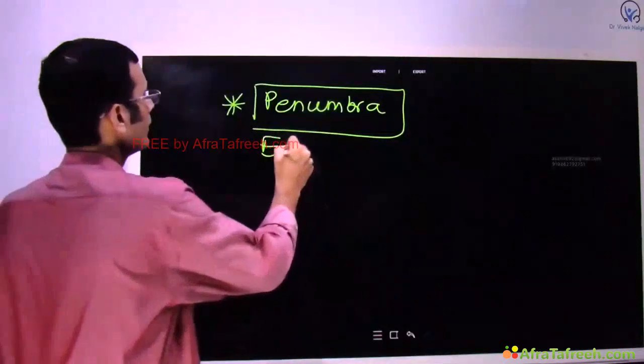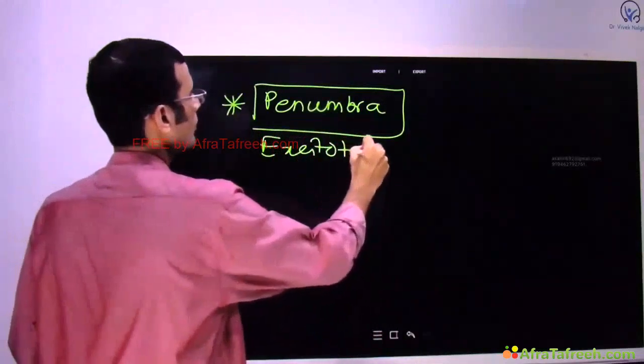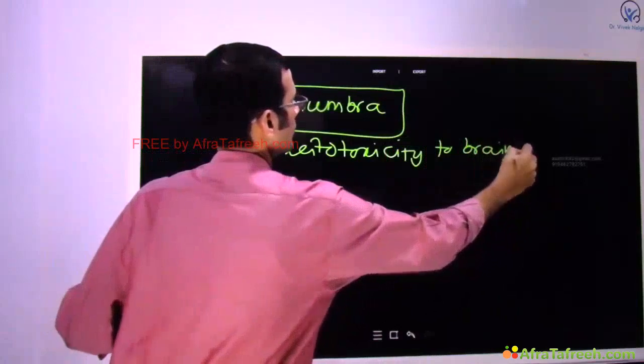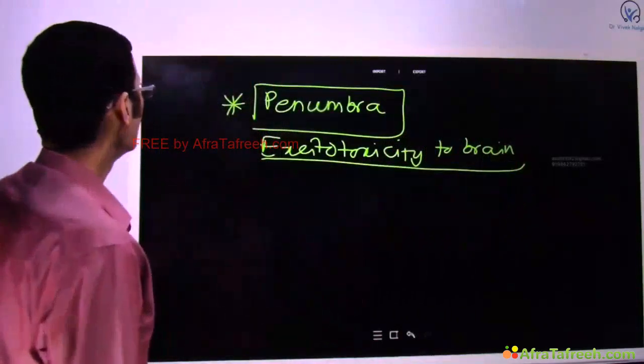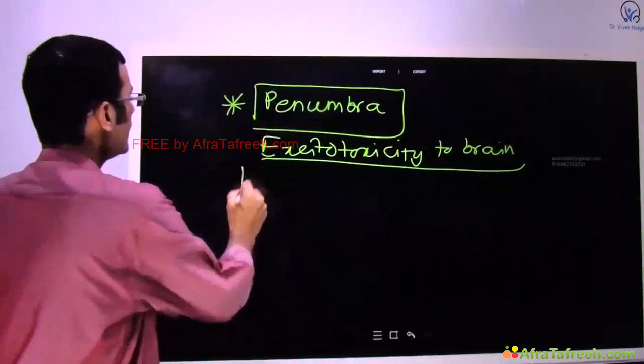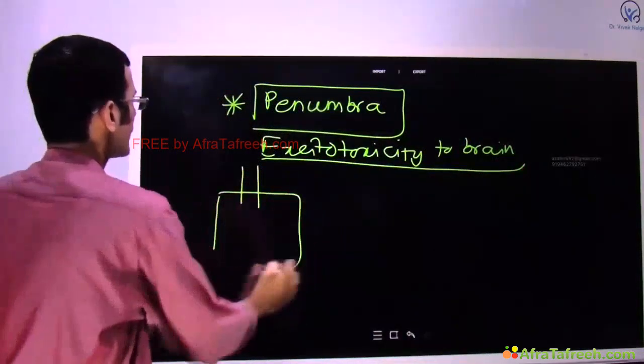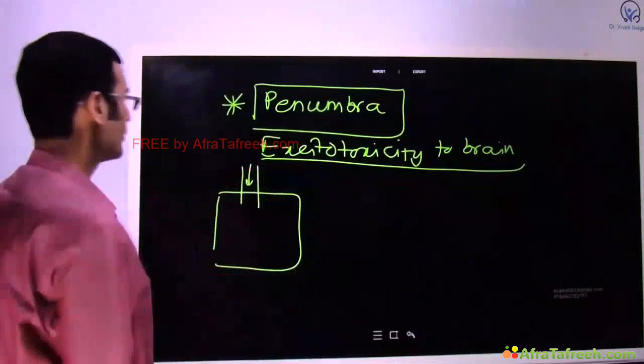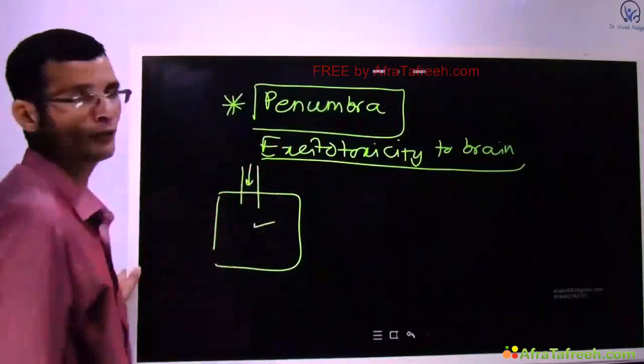Penumbra is excitotoxicity to the brain. You see, it's like this. To put it simply, let's say this is a blood vessel and it supplies this part of the brain.